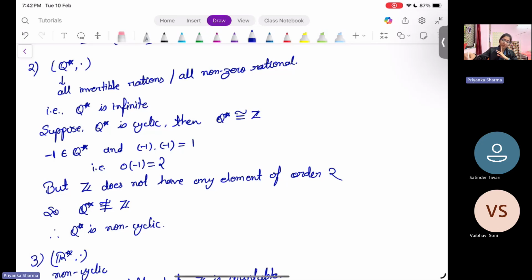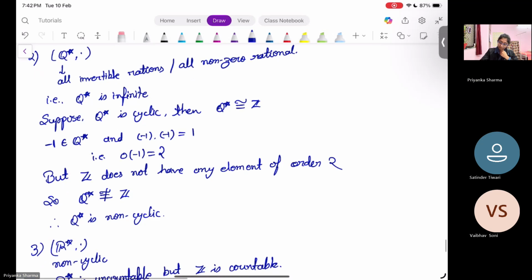Okay. So is this clear that -1 belongs to Q star and -1 has order 2? Yes. I agree that -1 belongs to Z, but we have this Q star with multiplication and Z with addition. -1 belongs to both.